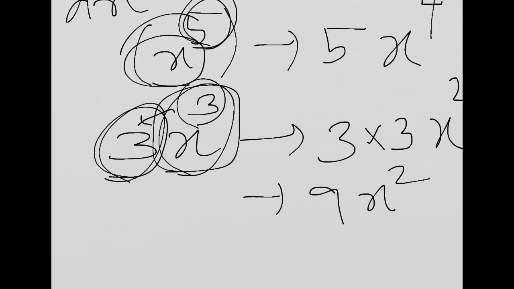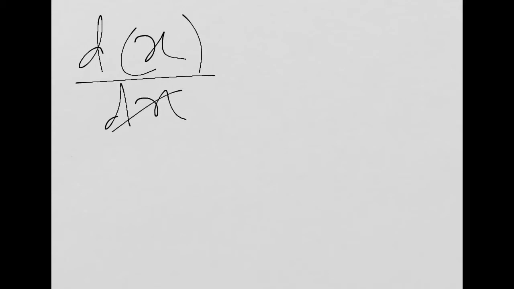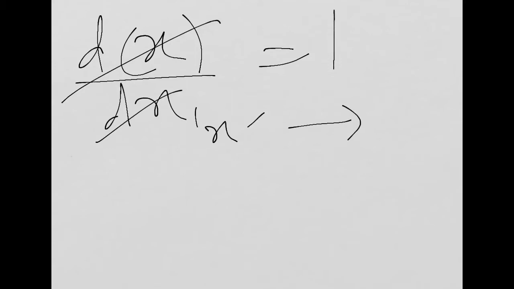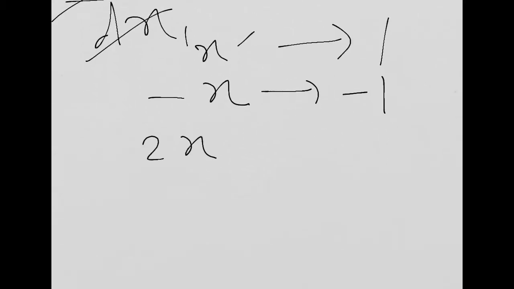Now what is the differentiation of x? With respect to x, if I differentiate x, is it not 1? Yeah, so x on differentiation is 1. So what is minus x? On differentiation it will be minus 1. What is 2x on differentiation? It will be 2, as x on differentiation is 1.